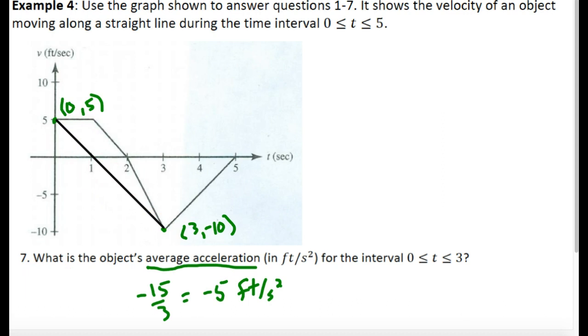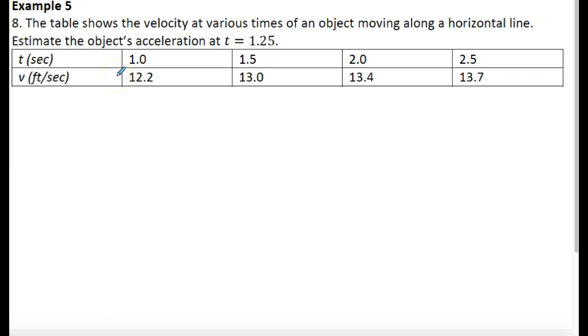All right. Last type of problem. Okay, we can think about these ideas in terms of a table. So here we're told this table shows the velocity at various times. We want to use this table to estimate the object's acceleration at 1.25 seconds.